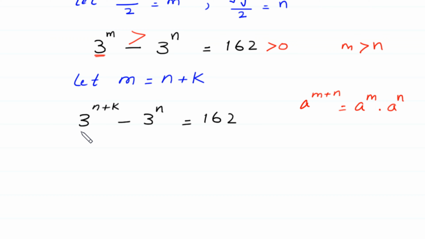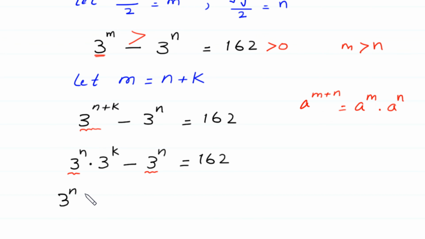We can write this 3 to the power n plus k as 3 to the power n times 3 to the power k, minus 3 to the power n is equal to 162. Now from here we can factor out 3 to the power n: 3 to the power n times, in brackets, 3 to the power k minus 1 is equal to 162.